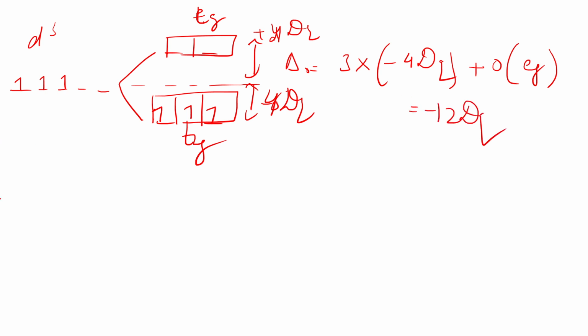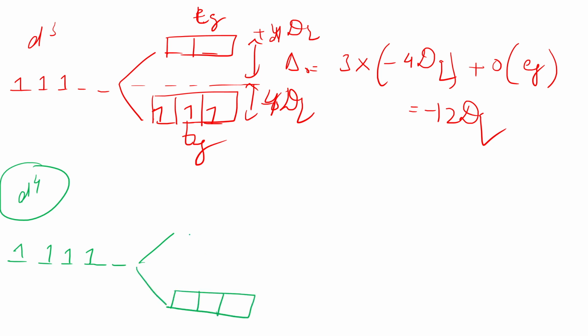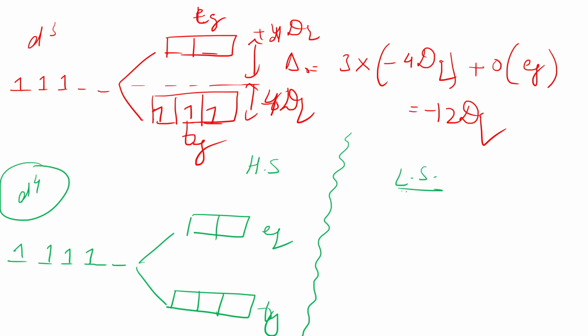In the case of d4 system, I have 4 electrons, 1, 2, 3, 4. Let's say octahedral splitting occurred. This is t2g, this is Eg. Now 4 electrons need to be filled. There are two cases, one is high spin, the other one is low spin.